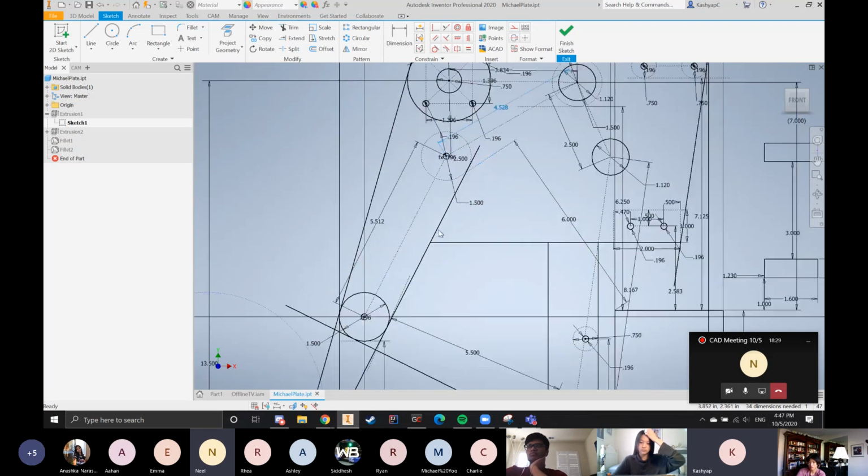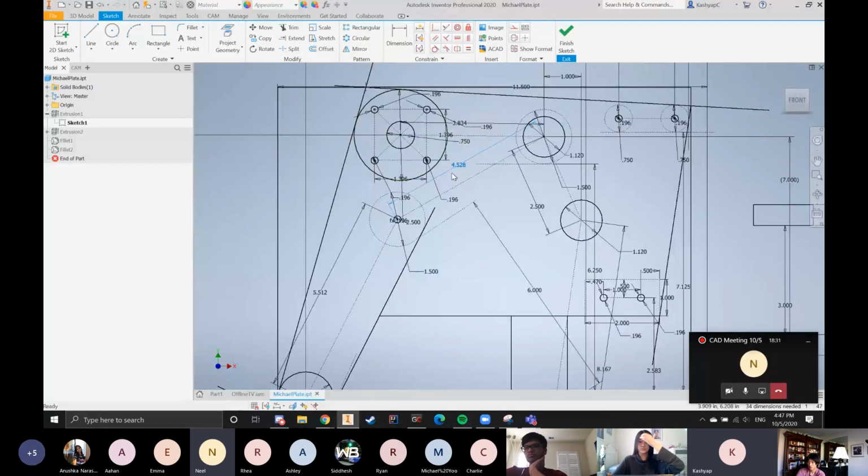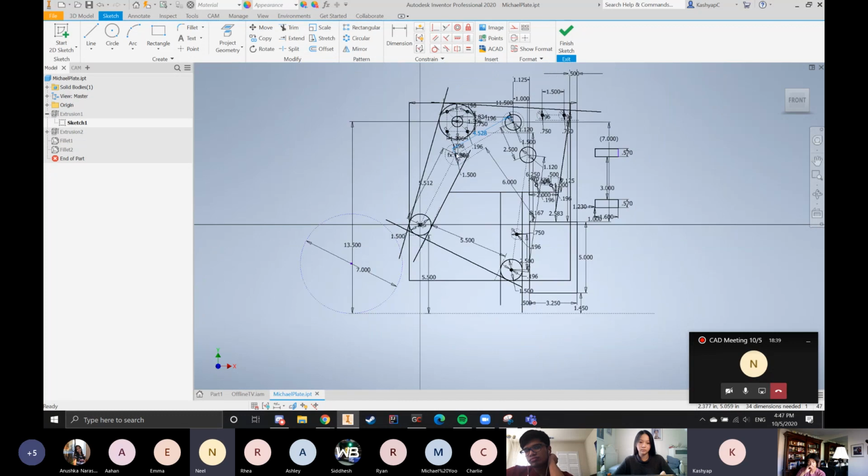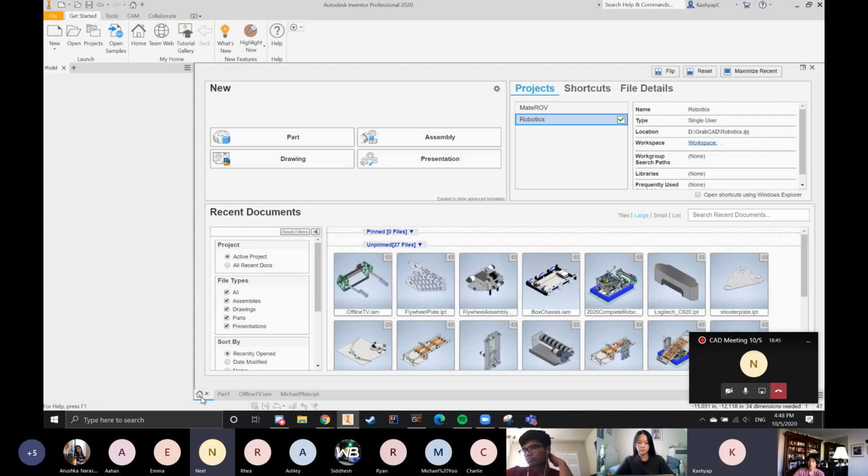But in terms of these weird numbers, you might be wondering how we got those. Well, those numbers actually represent the center to center distance of the belts that are being driven from here to here. And I'm just now realizing it's probably a better idea if I pull up an assembly of this, so you guys can better understand what it looks like.